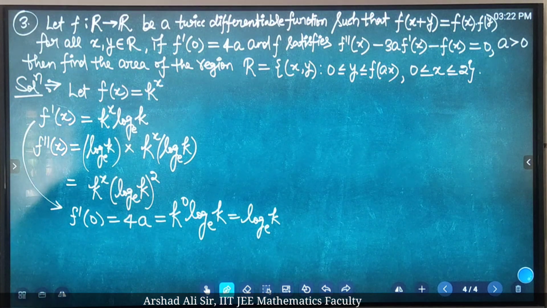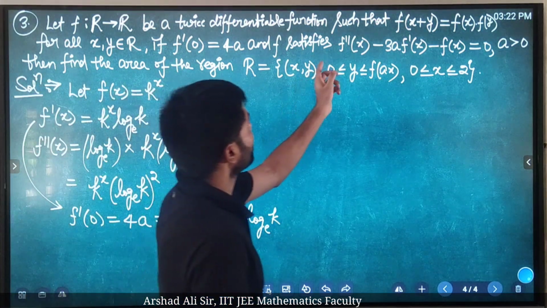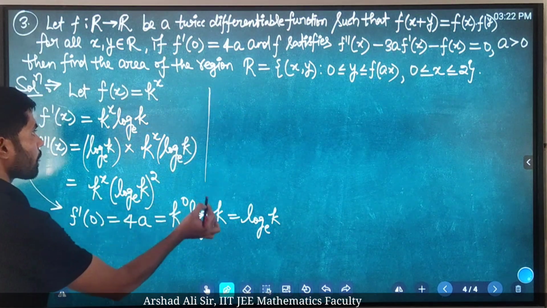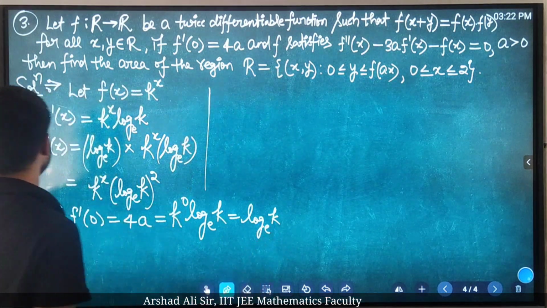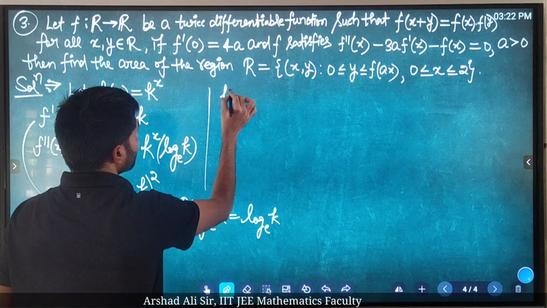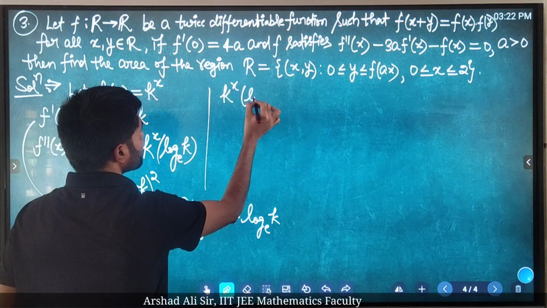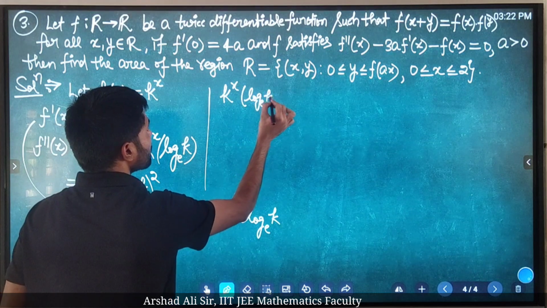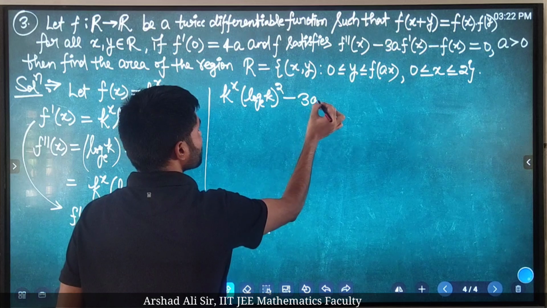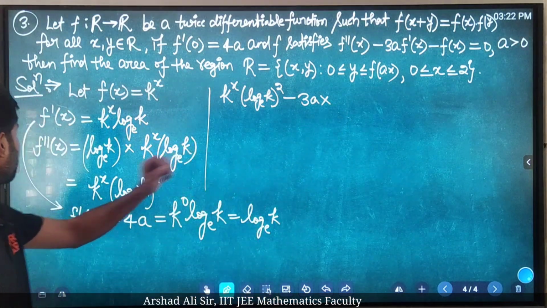After that, one more condition we have been given, that it satisfies this equation. Okay, so the second condition, f double dash of x. What is the value of f double dash of x? k to the power x into logarithm e base k whole square, minus 3 times a multiplied by f dash x.